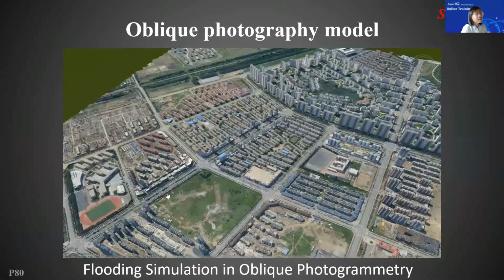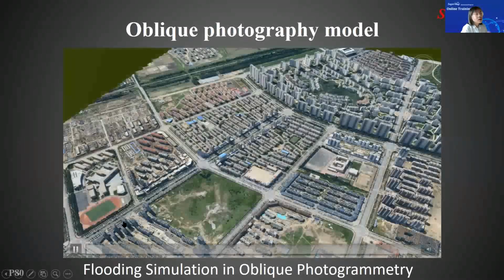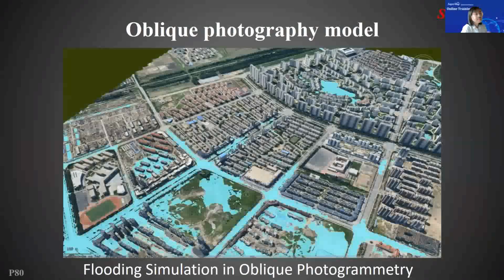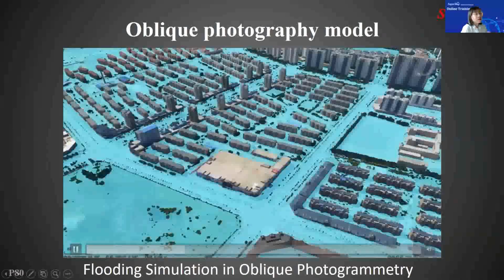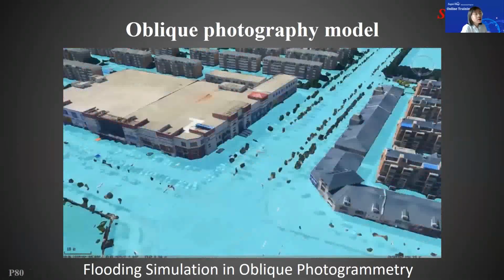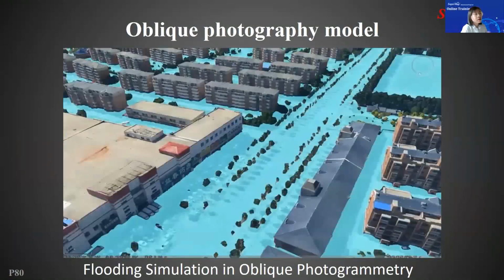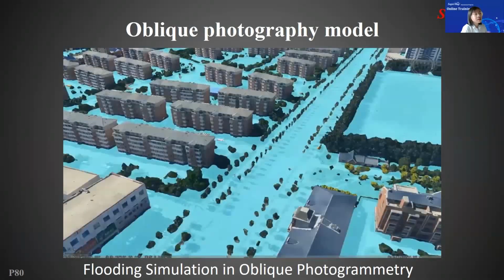We also have the oblique photogrammetry model. This is a flood simulation. It simulates what if there is a flood, and how it will affect the city.